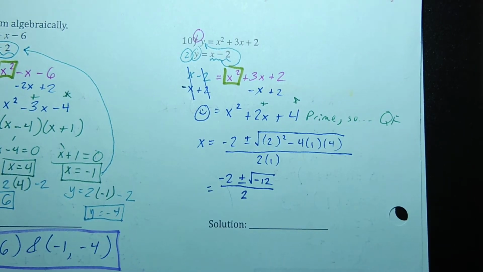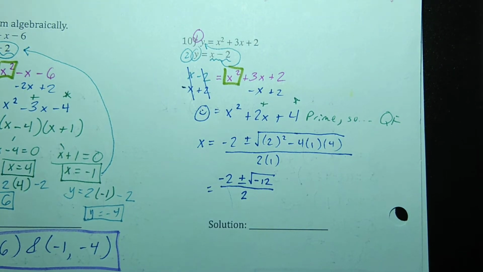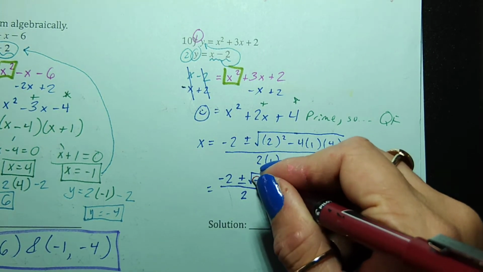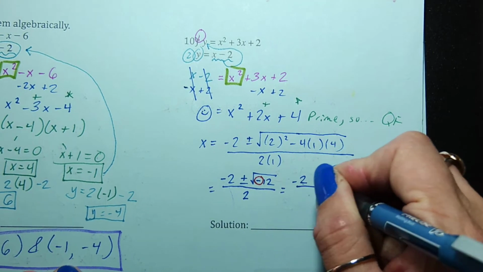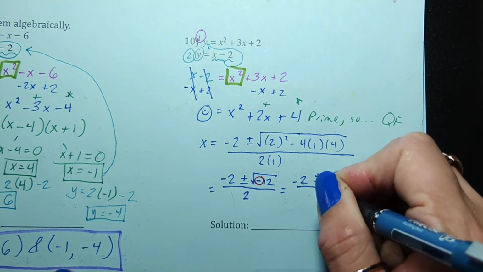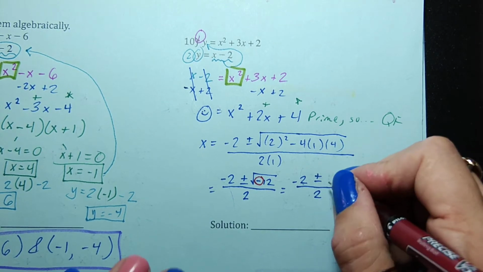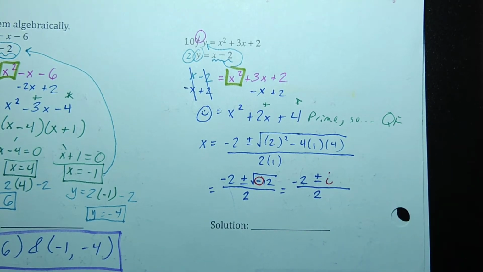Now the fun part of simplifying. What do we do first? Division, distribution, or simplify the radical? Simplify the radical. We've got a negative, so that's automatically going to come out as an i. Are there any perfect squares I can divide out of 12? 4, wonderful.